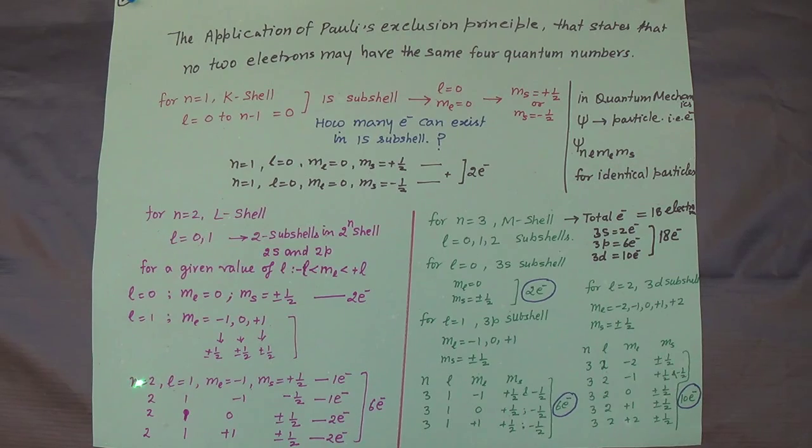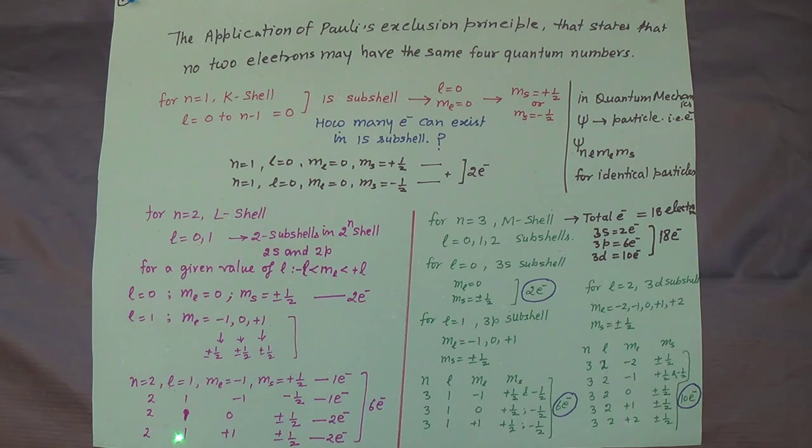One is with quantum numbers 2, 1, -1, +1/2, and the second electron is n is equal to 2, L is equal to 1, ml is equal to -1, and ms is equal to -1/2. And similarly two electrons with quantum numbers n is equal to 2, L is equal to 1, 0, +1/2, and the fourth electron -1/2.